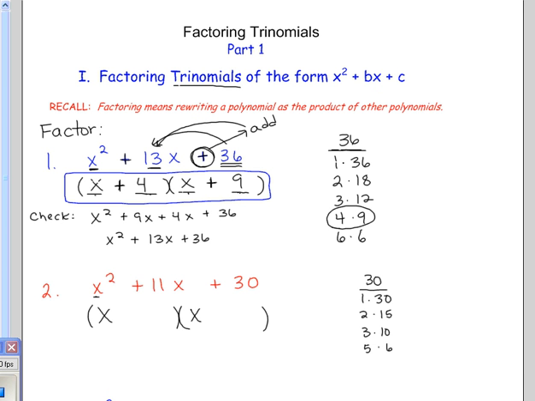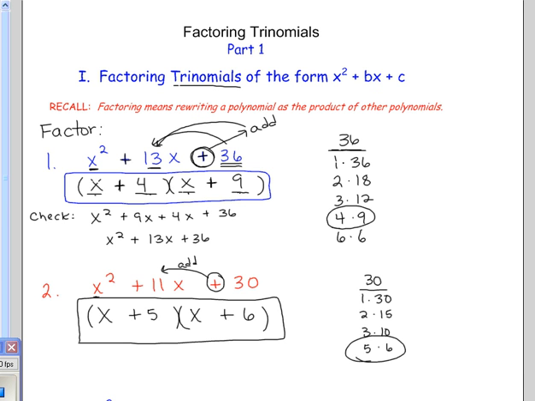I want the factors that are going to multiply to be 30, and because it's a positive 30, they have to add to give me the middle term. Okay, so what's going to add up to be positive 11? Well, it would be a positive 5 and a positive 6. So my answer would be x plus 5 times x plus 6. Now again, it does not matter the order that you write your answer in. I could write x plus 6 times x plus 5. Okay, it still means exactly the same thing.